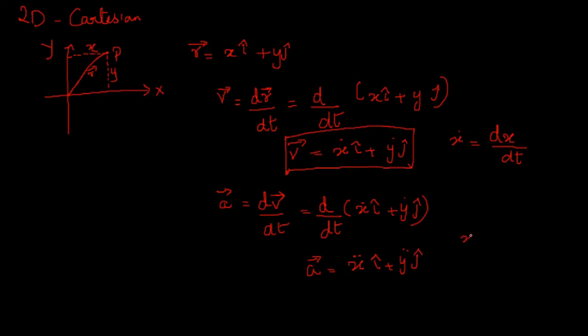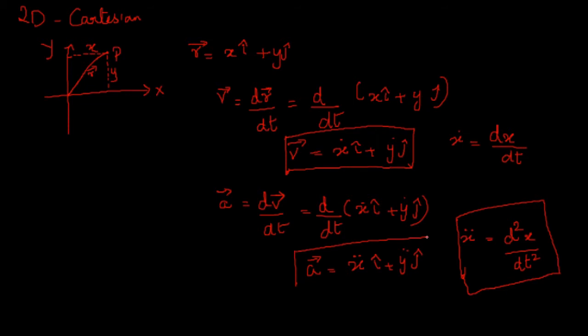Here x double dot is nothing but d square x by dt square. Our acceleration in the 2D system is given by x double dot i cap plus y double dot j cap. These are the velocity and acceleration terms with respect to the 2D Cartesian system.